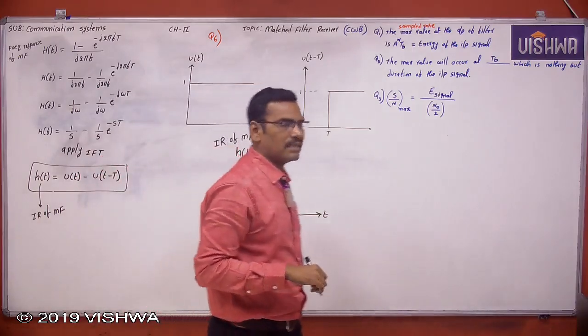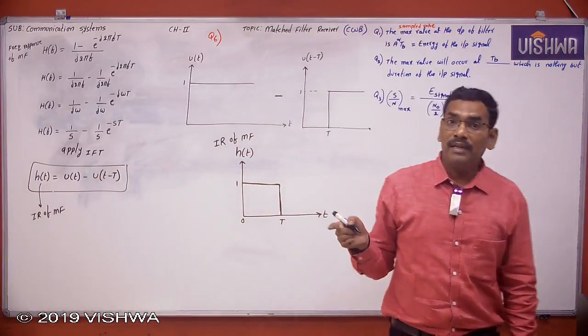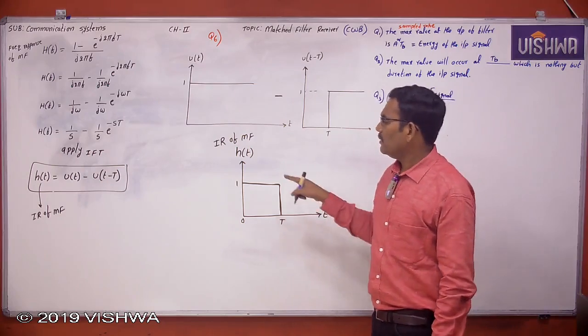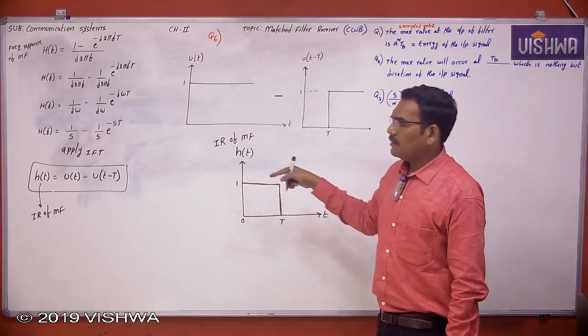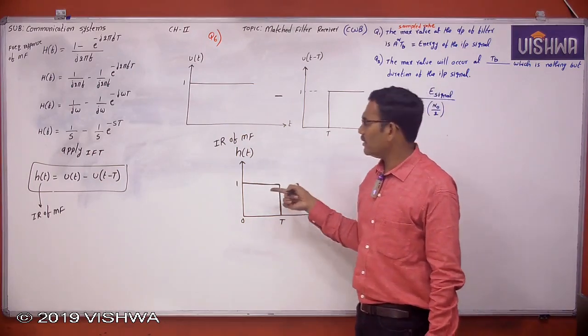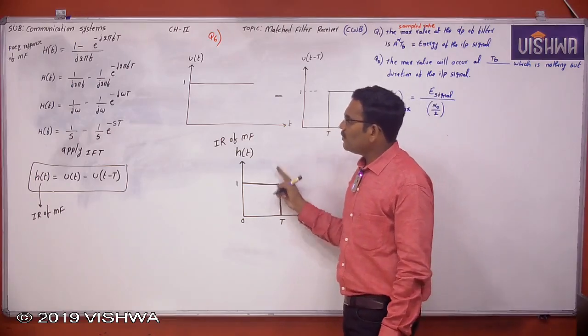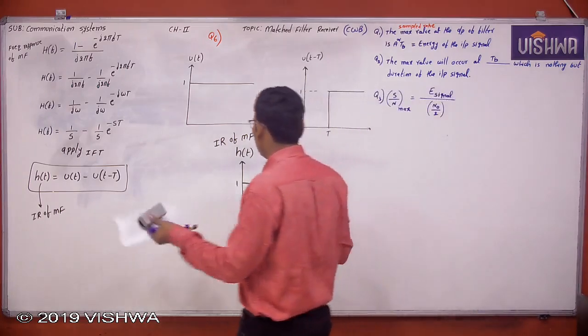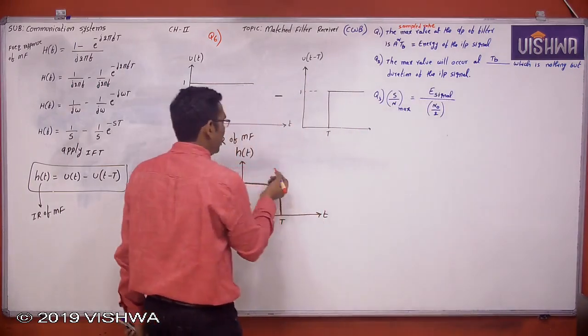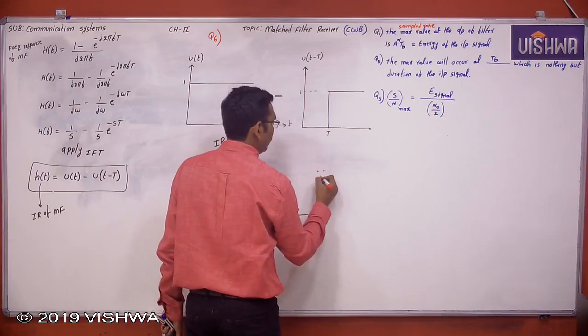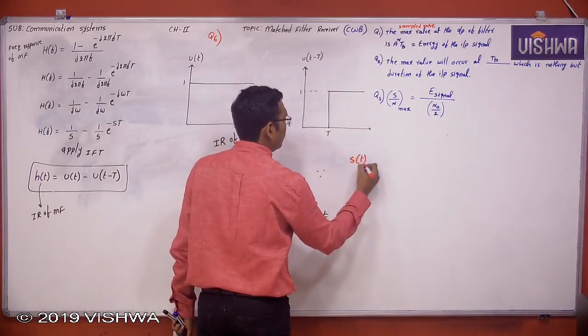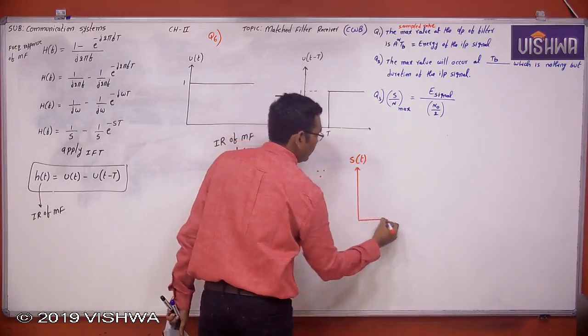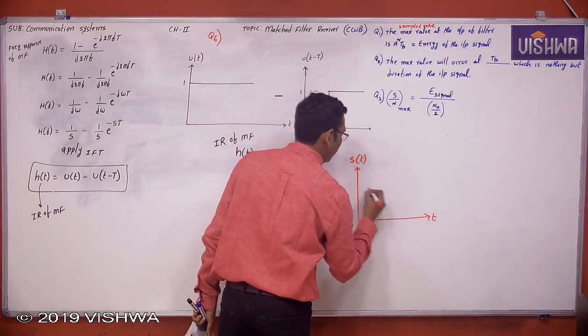But what he is asking is the impulse response of the matched filter. If this is a matched filter, the impulse response is matched with the input signal. Therefore this is h of t, the impulse response of the matched filter, matched with the input signal. Therefore s of t, the input signal to the filter, will be matching with the impulse response.